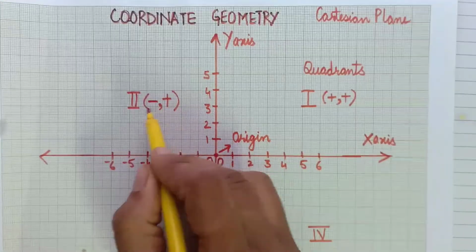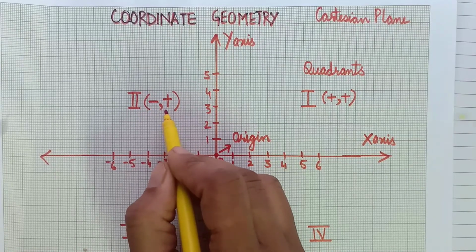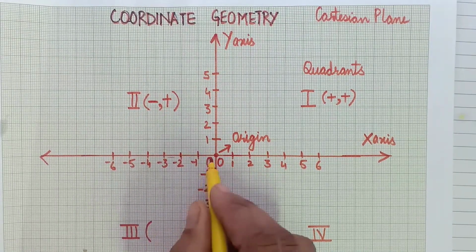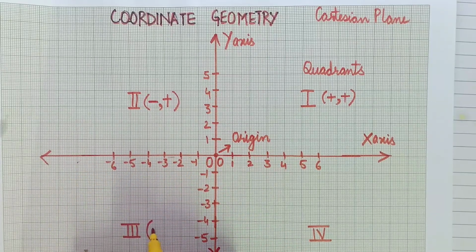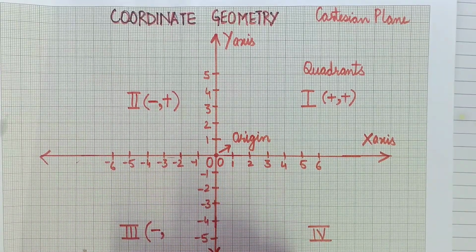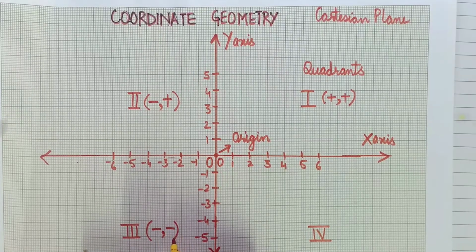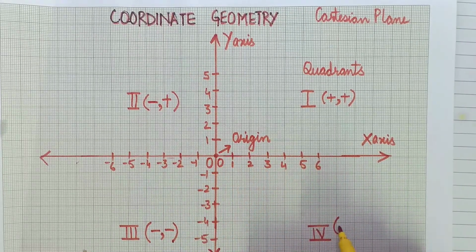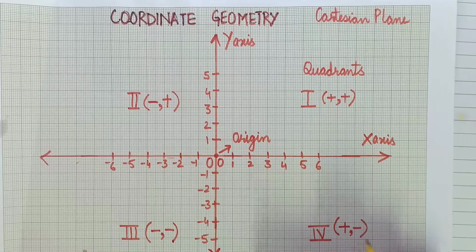So these are the coordinates of a point in the second quadrant. In the same way in the third quadrant, x, the horizontal line, is negative, y, the vertical line, is also negative, and in the last one we have x positive and y negative.